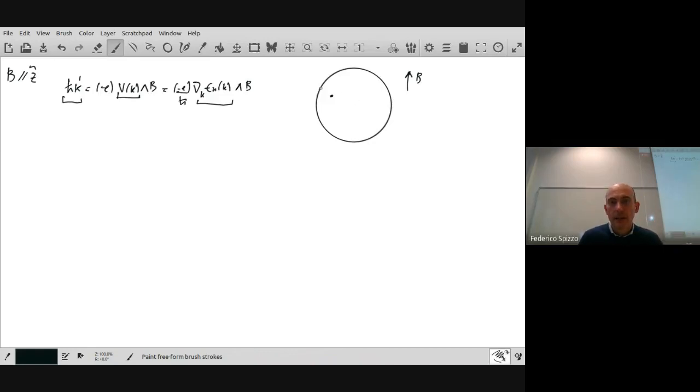So you make the intersection between the sphere and this plane.